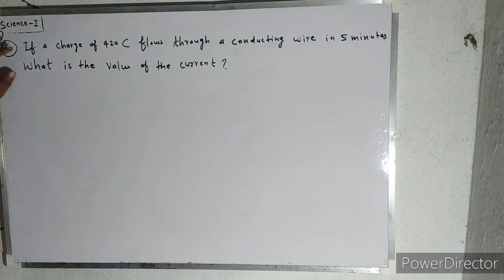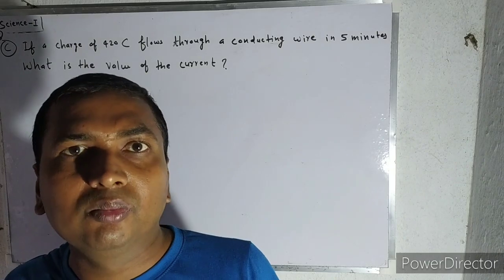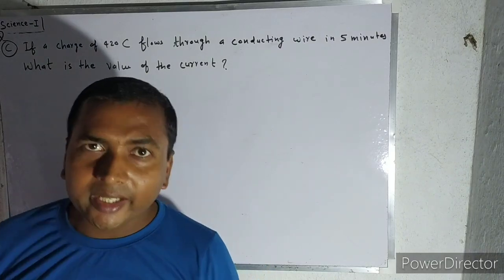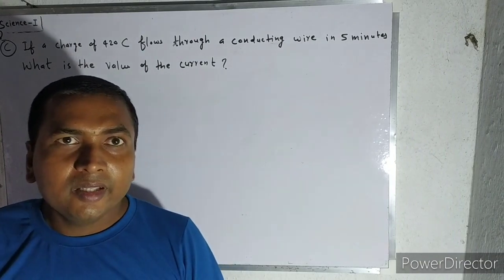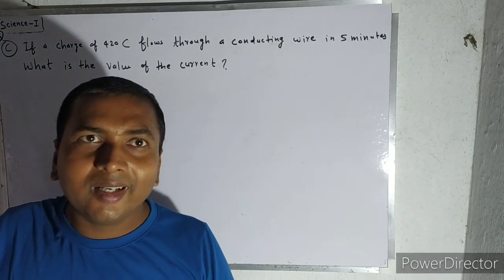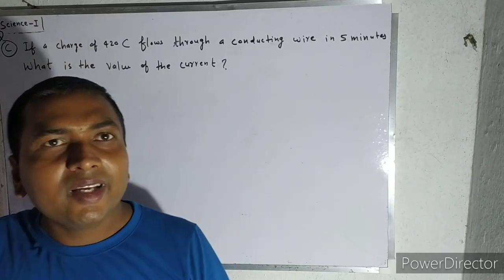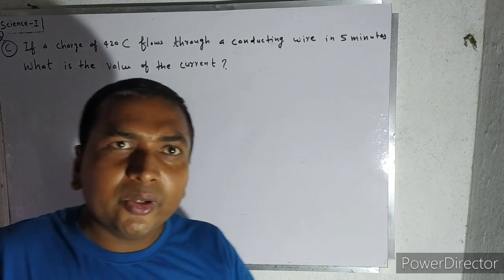First of all, read the questions. All numericals I will do. Theory you have to do from the textbook. I will explain all the chapters, and I will do all the numericals because I realize that numericals are difficult for you.